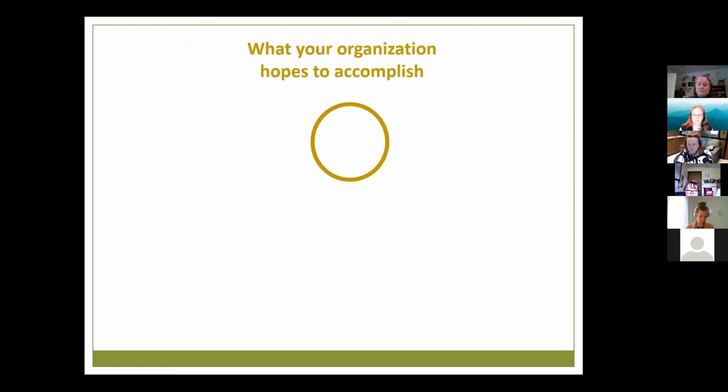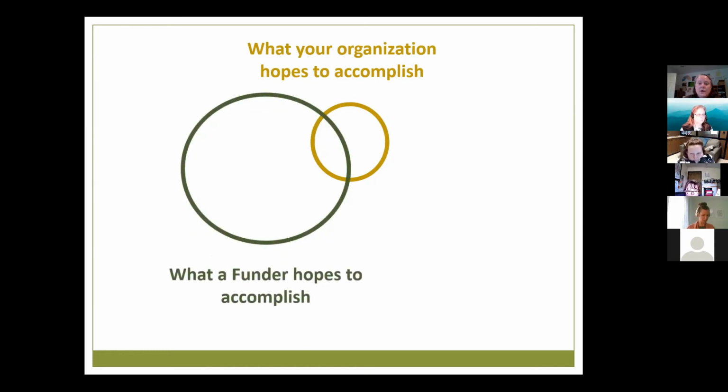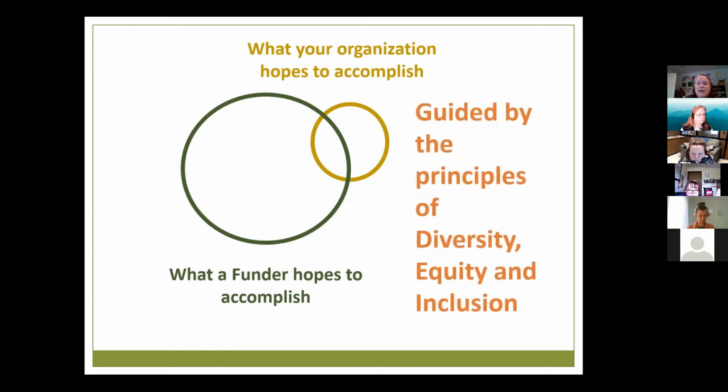So to say this visually, let's go back to this circle, which is what an organization hopes to accomplish, or our mission. We know that if we want to get funding, we have to overlap in that mission with the funder. And now what we're saying is the funder in that green circle, they're including DEI work.